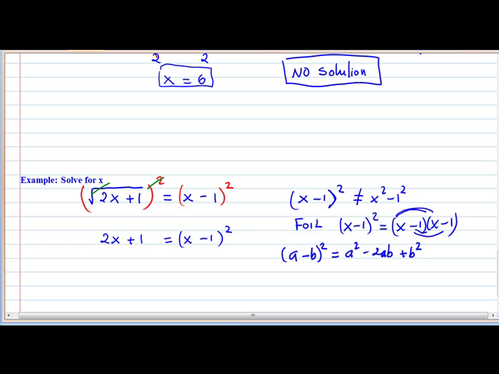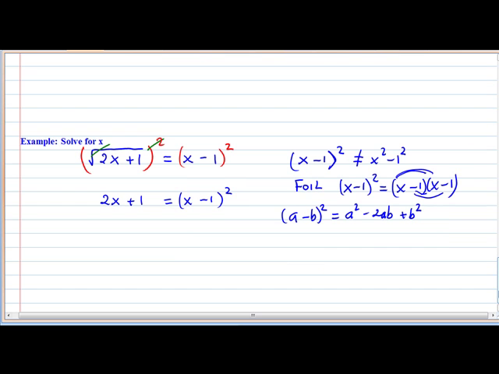If you do that, on the right hand side you have x squared minus 2x plus 1, because remember x is a, 1 is b. So over here I copy this one down.